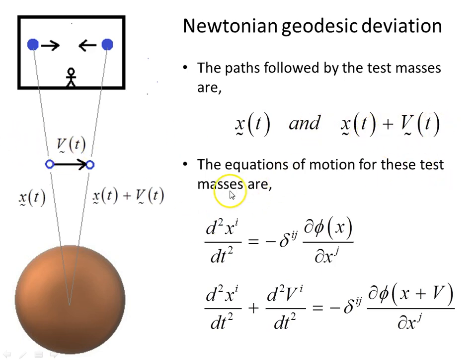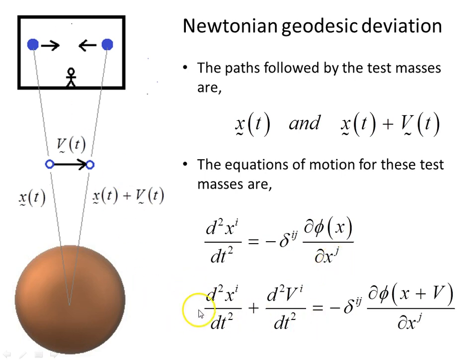The equations of motion for these masses are that the acceleration is the derivative of phi, the Newtonian potential as a function of position, with respect to x j, and here the indices are made to balance, so the j and the j sum out, leaving us with i, matching this one over here. So it's a valid equation, and the Kronecker delta ij is just put in there for the indices to match.